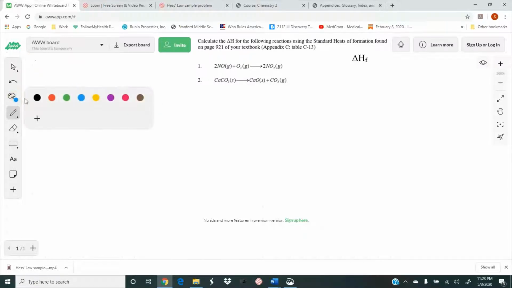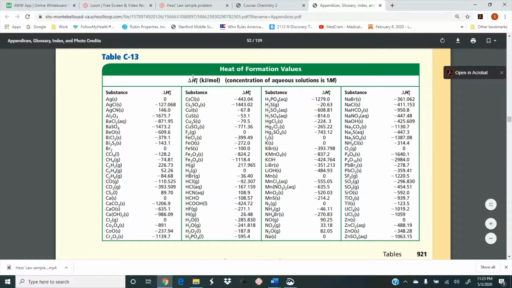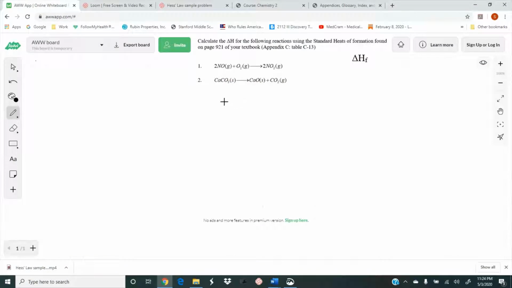Heats of formation are represented by delta H subscript f, so all of these are delta H subscript f. Let's go ahead and actually do the problems. I think it's pretty simple to do.